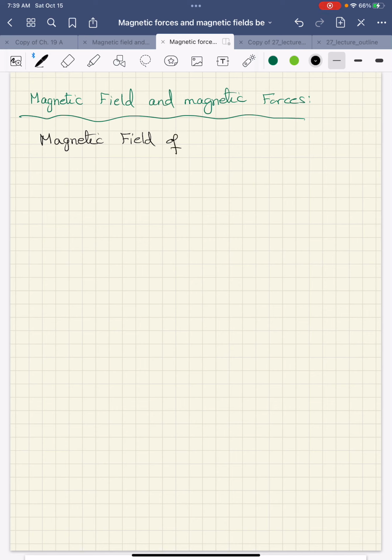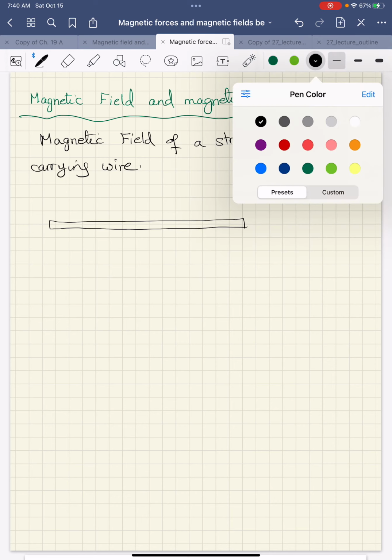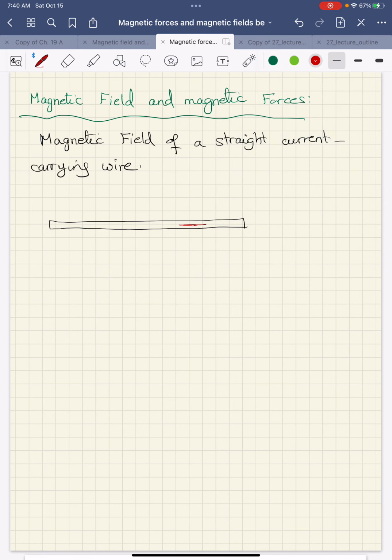of a straight current carrying wire. Okay, then simply I have a wire and I have current going through it, and I want to see how I'm going to represent the magnetic field created.